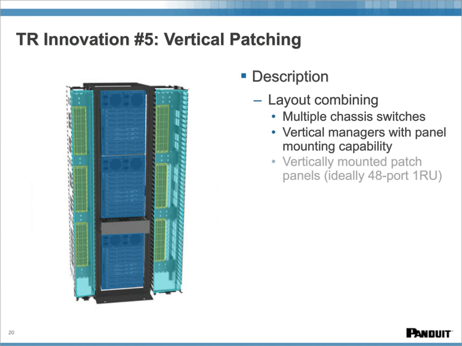Great question, Patrick. With vertical patching, the panels themselves are the very same panels that can be used in the normal horizontal orientation. So whether you choose to use a vertical numbering scheme on the panel or a conventional horizontal numbering scheme where you start at the top left of the panel and work across with the numbers going to the right, 1, 2, 3, 4, etc., these schemes and these panels are no different.